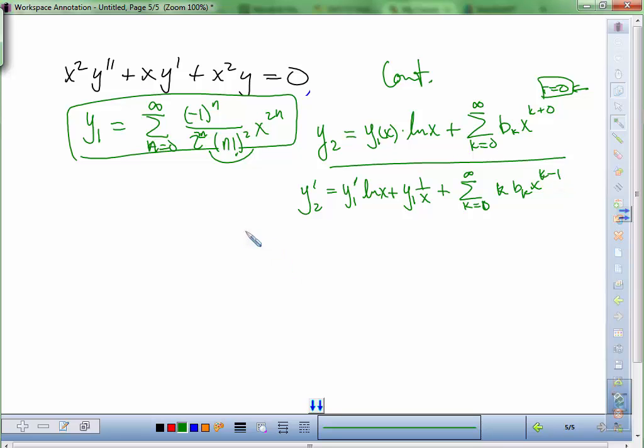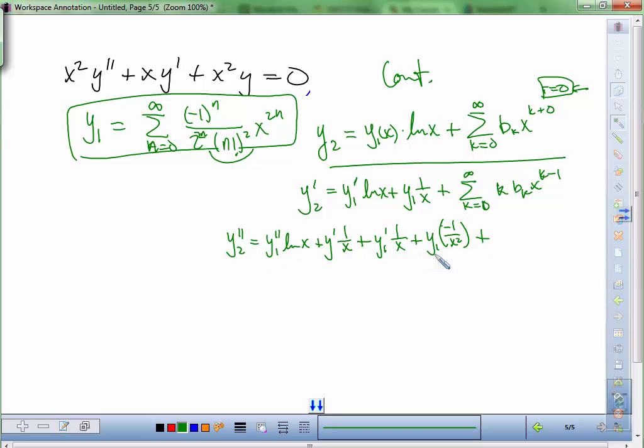And now the second derivative, I might need more space here. Derivative of the first times the second plus the first, derivative of the second, plus now another product rule, derivative of the first times the second plus the first times derivative of the second. So we got two product rules.